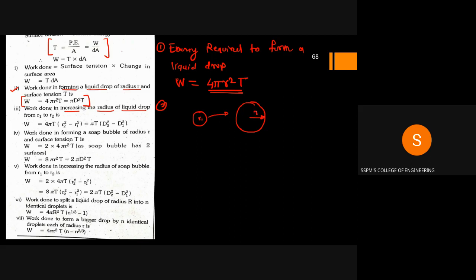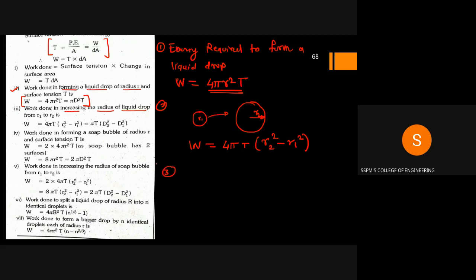Now the radius is R2. So the energy required to transform the sphere from R1 radius to R2 radius is given by W is equal to 4 pi T into bracket R2 square minus R1 square. Okay. So note down these equations.